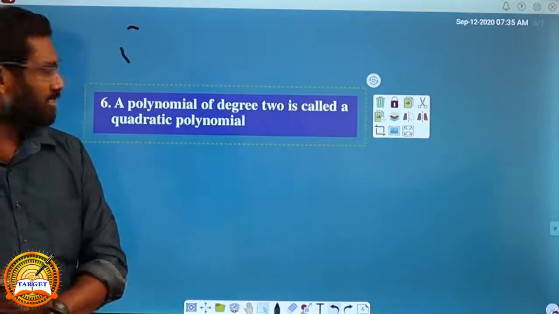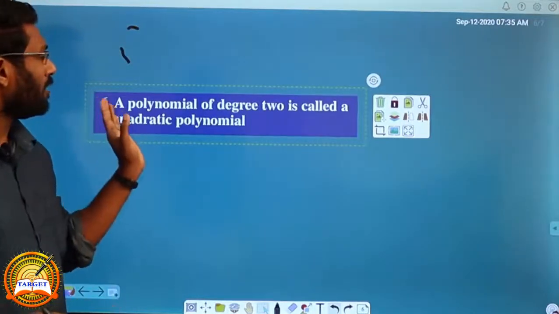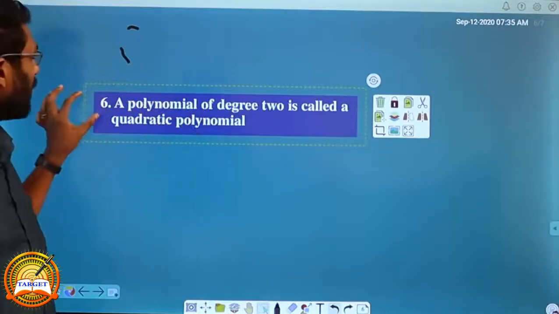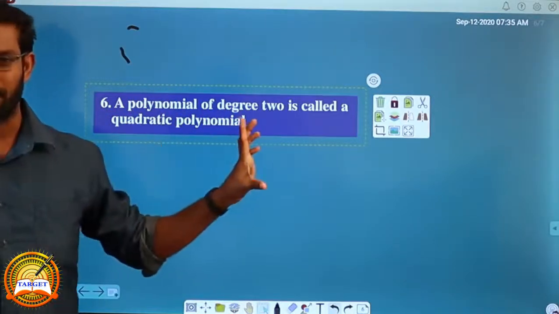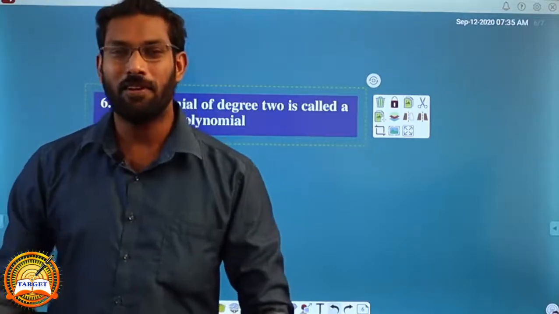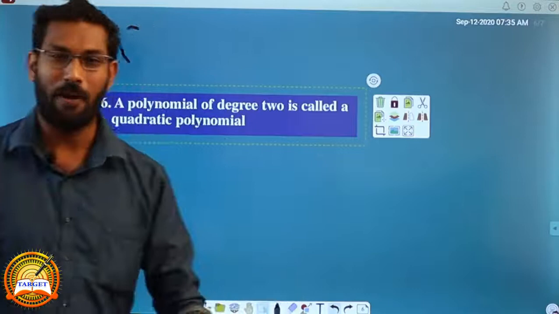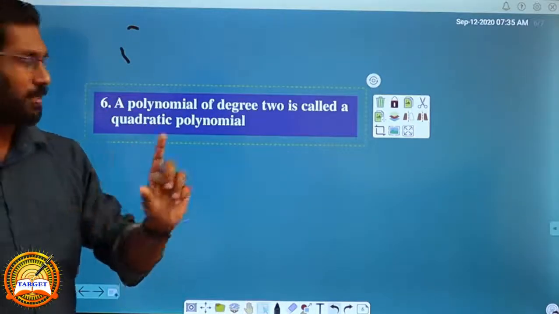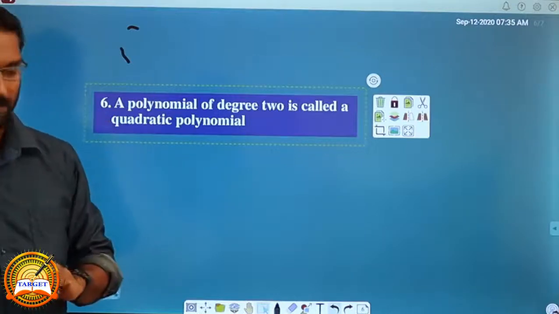Now we are going to discuss a polynomial of degree 2. A polynomial of degree 2 is called a quadratic polynomial. We discussed that the polynomial of degree 1 is called a linear polynomial.